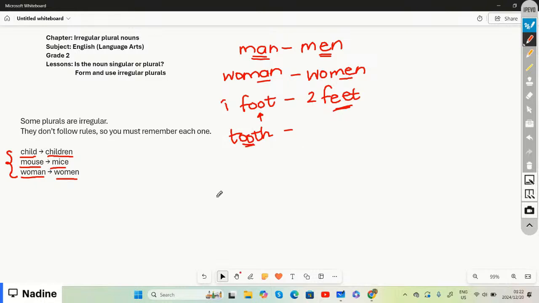Tooth. The next day, another tooth fell out. Now altogether, two fell out. One tooth, but now two fell out. One tooth, but two of them fell out. What is two of them?